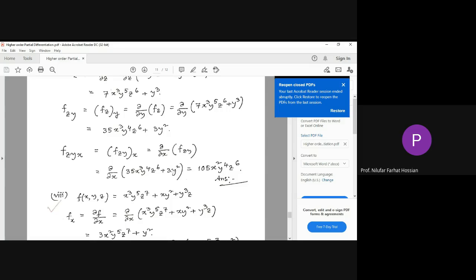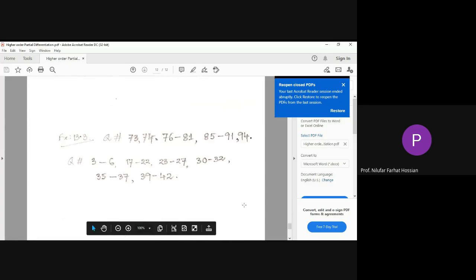You see the second term does not contain any x, so it will give you 0. And here 35 y to the power 4 z to the power 6 are constant factors, and x cube gives you 3x squared. So 35 into 3 gives you 105 x squared y to the power 4 z to the power 6.